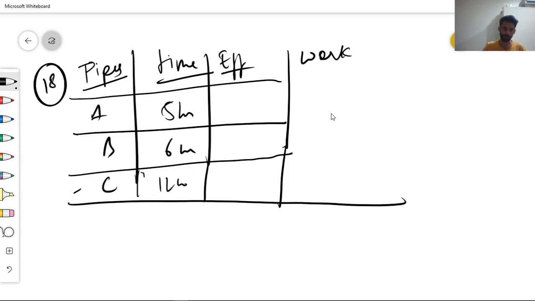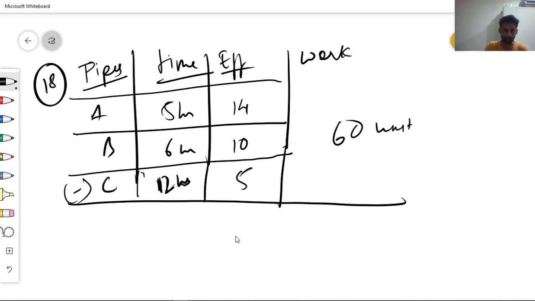This is negative, okay? This is negative. The work done here is 12 plus 60, 5 14 jar, then here 6 10 jar, 12 5 jar. So these are the efficiencies.